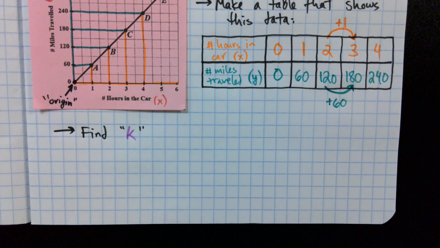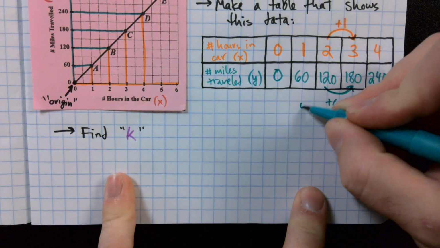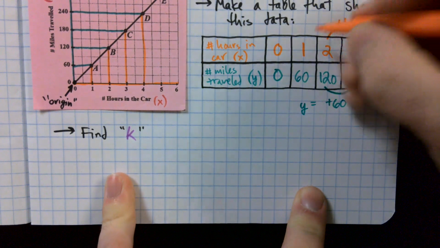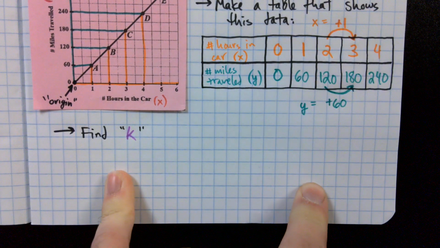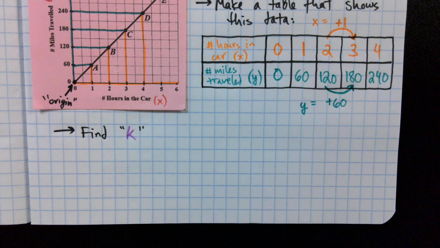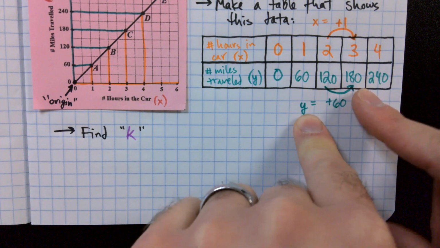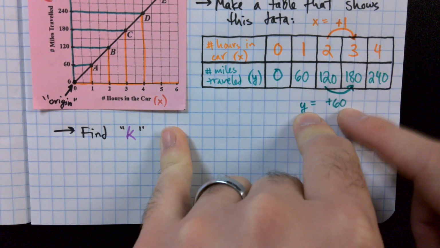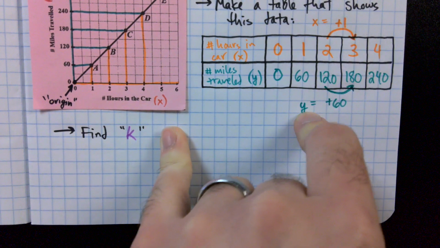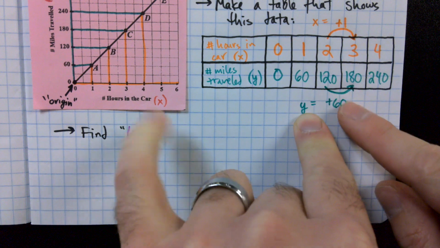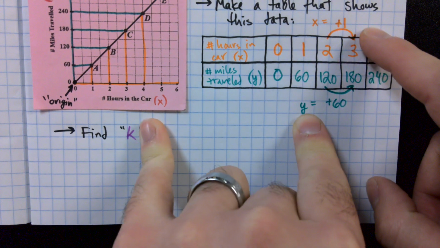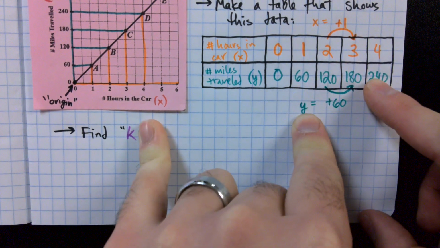Very, very simple, yes? From one box to the next is 60 on the bottom. From one box to the next is 1 up on the top. And what this tells us is that in 1 hour, we can drive 60 miles, right?